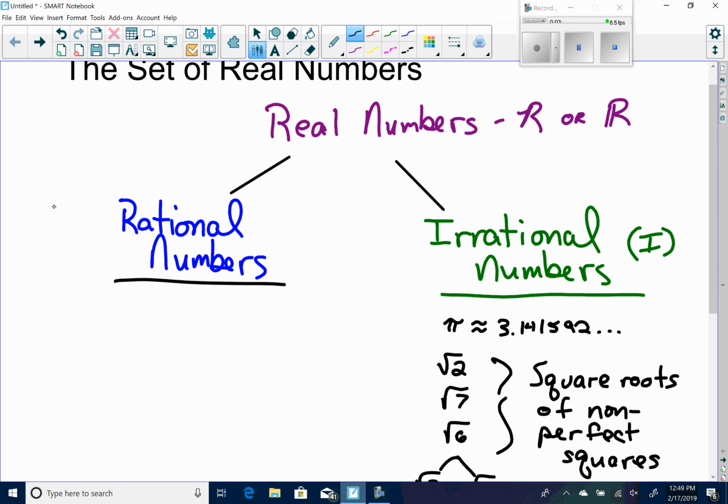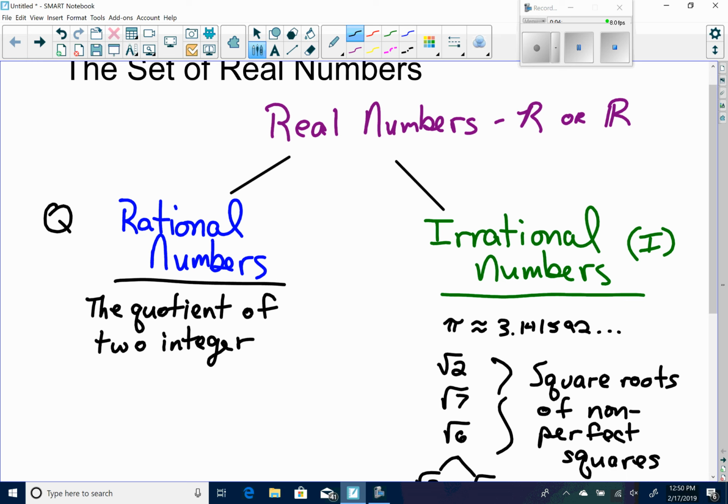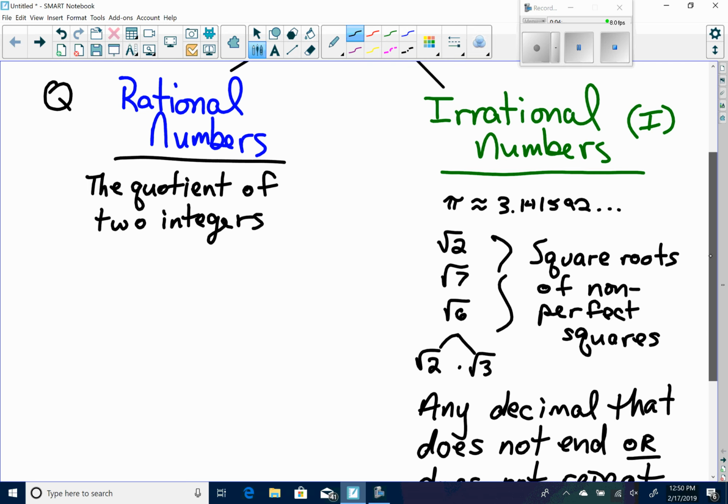For rational numbers, we sometimes, or the majority of the time, see the letter Q to represent rational numbers. And this is because the definition here, it is the quotient of two integers. And later on, I'll explain what integers are.